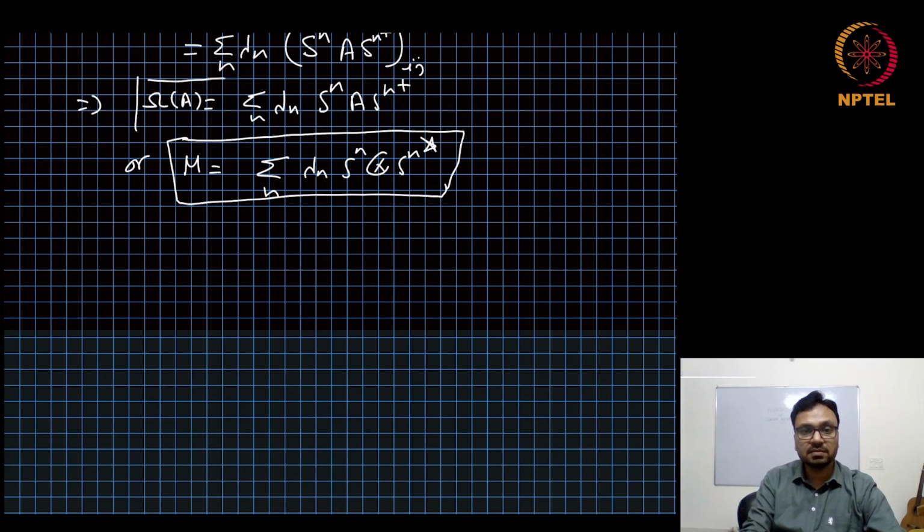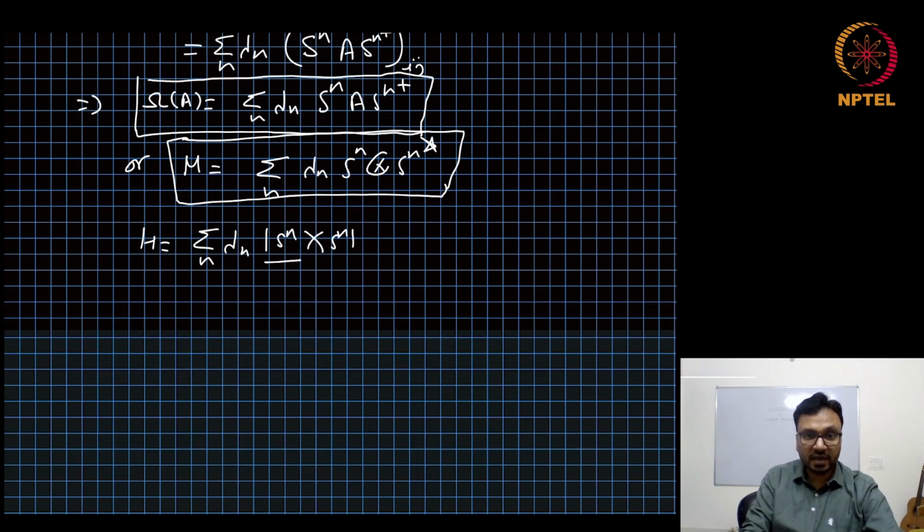So these are the representations we can get very easily, and H actually is the sum over n of lambda n S n outer product S n. So S n are the unfolded vectors of matrix S n.